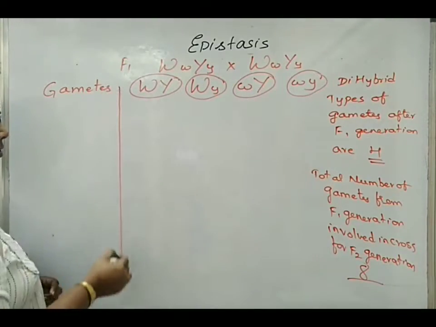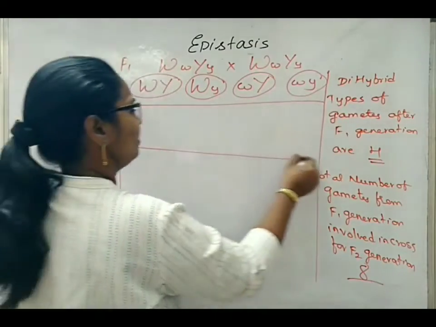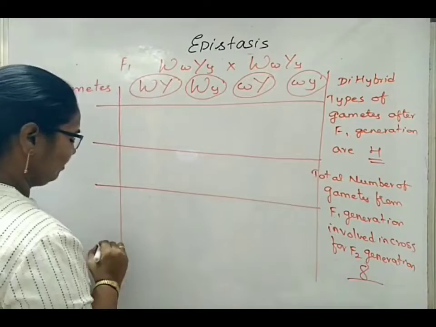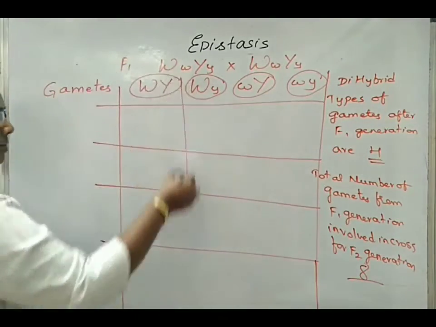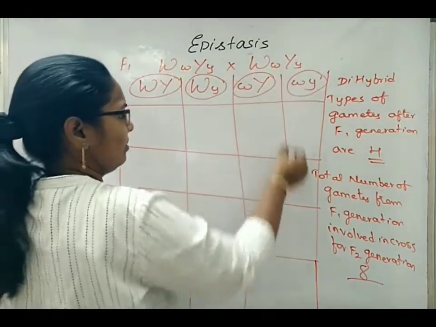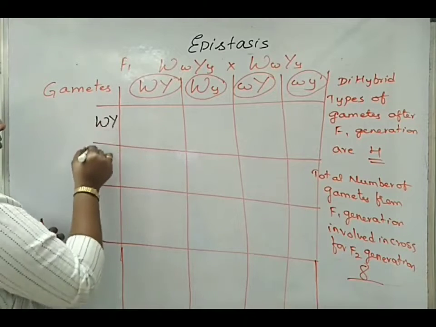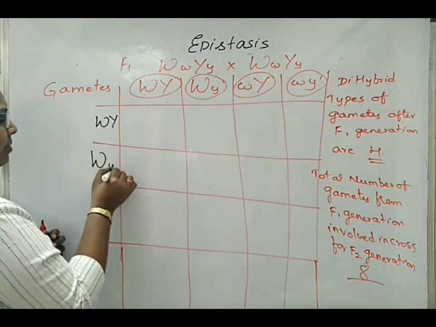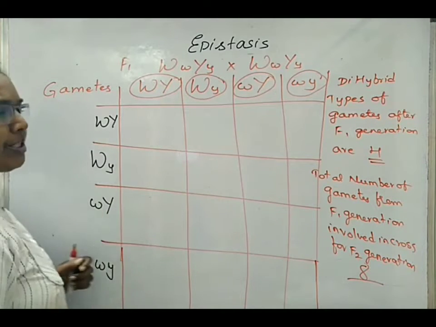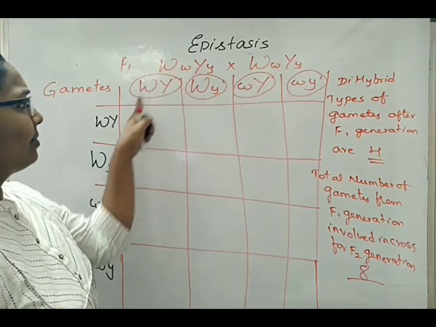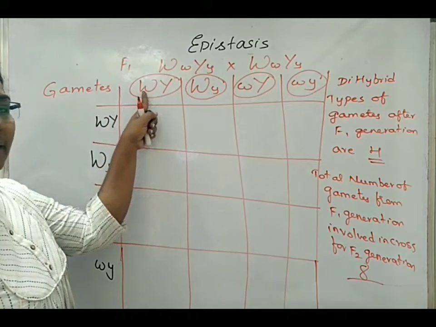Now, I am going to represent this directly in a Punnett square. We should observe here, in the example that we have taken for dominant epistasis, only the dominant one will be expressed.